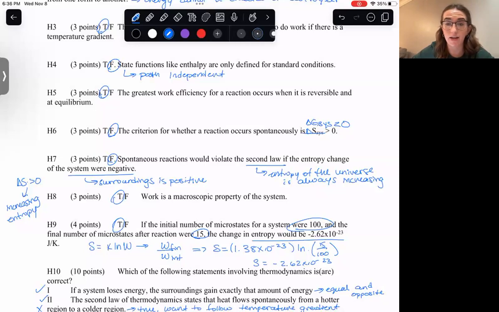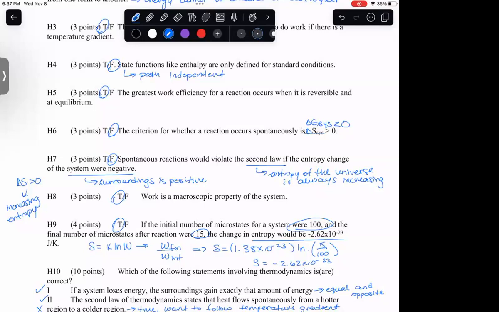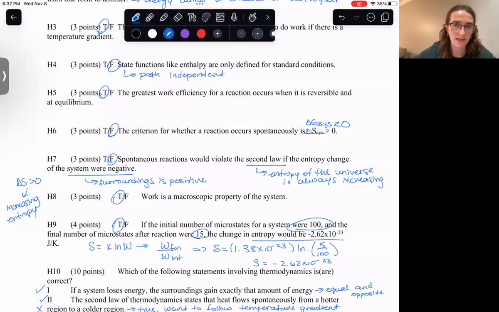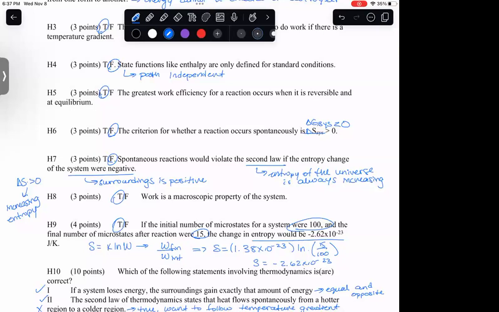Can the second law be violated? In principle, yes. In practice, no. So if it says in principle the second law can be violated, period, true or false? Can it be violated? Yes.